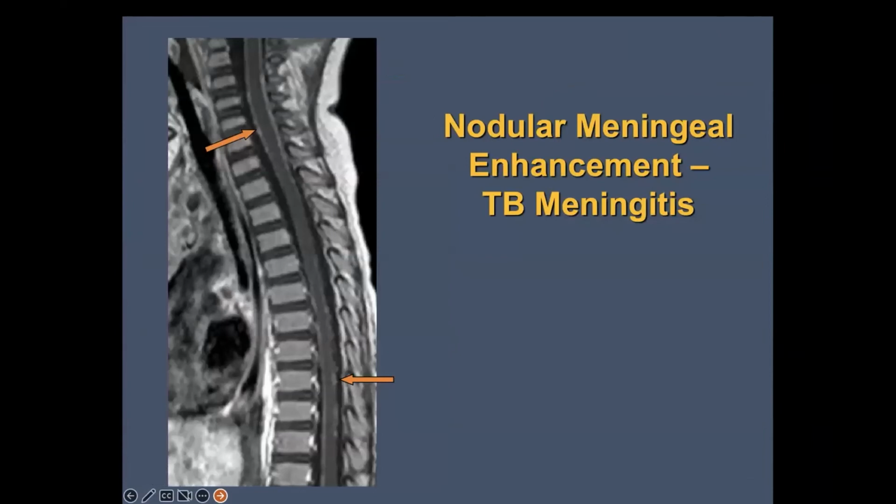So the meningitis extends throughout the meningeal spaces, including in the spinal canal. And you will get this sort of nodular type of enhancement that you can see all along the spinal canal in this child with tuberculous meningitis. You obviously have to have very good quality imaging to be able to do this.